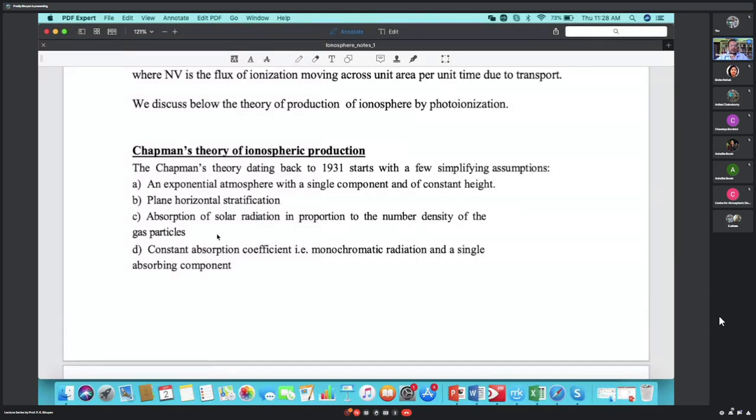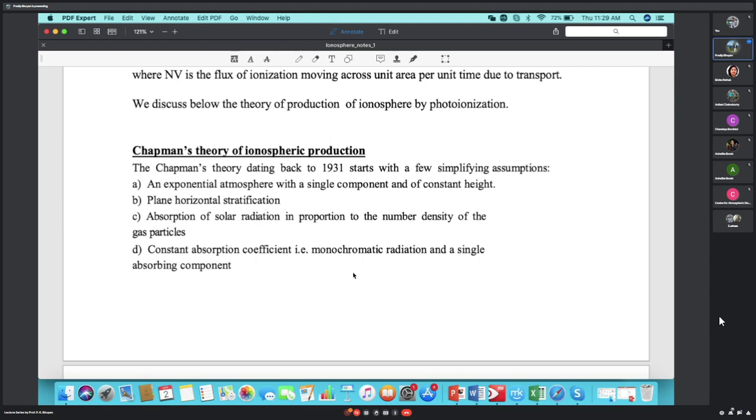Now, absorption of solar radiation is proportional to the number density of gas particles. That means the solar radiation which is received and absorbed will be proportional to the number density of gas particles. The more gas particles, the more radiation absorbed. Similarly, a constant absorption coefficient, that is, monochromatic radiation and a single absorbing component.